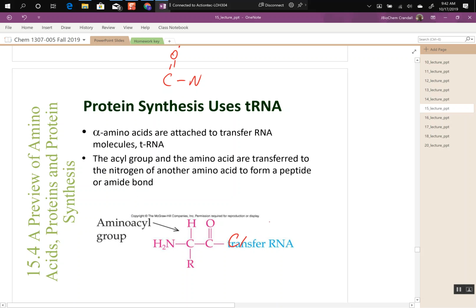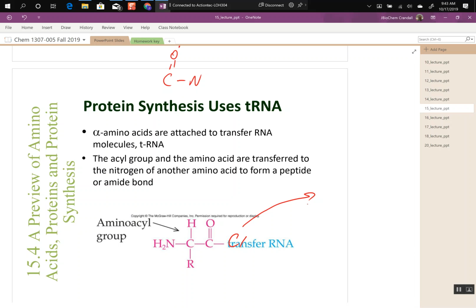So if I take the acid chloride and I react it with an amine, what happens to the chlorine? It pops off, comes off, right? So the chlorine's going to come off, and in the same way, what's going to happen to the tRNA? It's going to pop off, right? You don't have tRNAs in the structure of a protein.